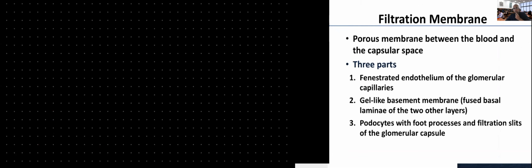Looking at the first step of the urine formation, we're looking here at the filtration. In order for us to understand how filtration takes place, we need to study the filtration membrane.